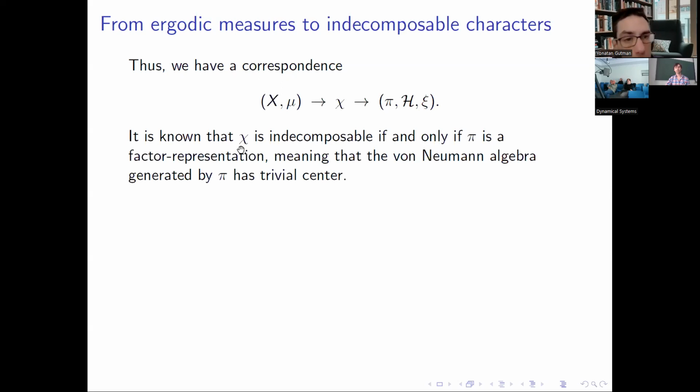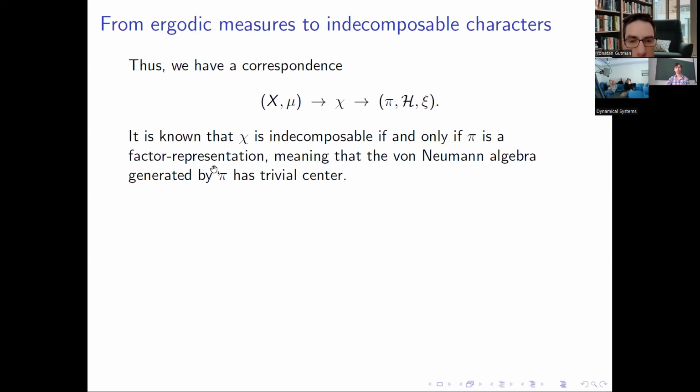It is known that the character chi is indecomposable if and only if pi is a factor representation. So indecomposability of chi means that it's an extreme point in the set of characters, and factor representation also means in some sense that pi is an extreme point in the set of representations.